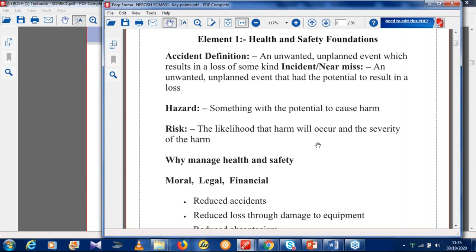If, for instance, you are on a tiled floor, maybe where you are right now, the floors are all tiled, and you know that those tiles could become more slippery when you have oil spilled on them. The moment you have oil spilled on that floor, that oil on the floor is already a hazard.